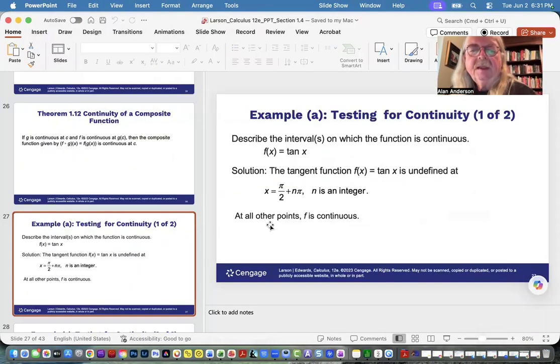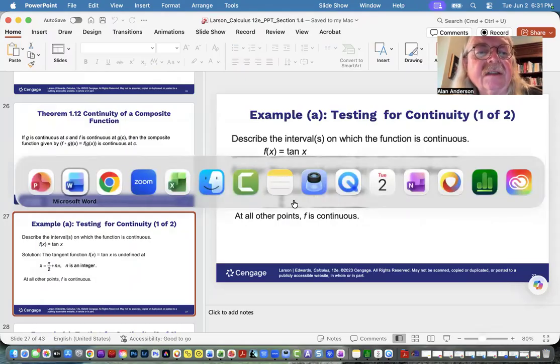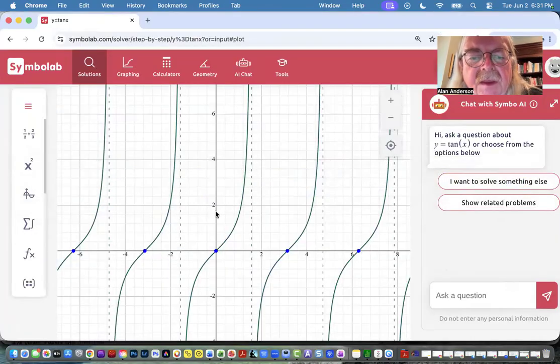And so, as a matter of fact, the pattern here is at pi over 2. Let's go look at this again. It's hard to tell from this graph, but right here, this first one, this is pi over 2, which is approximately 1.7.